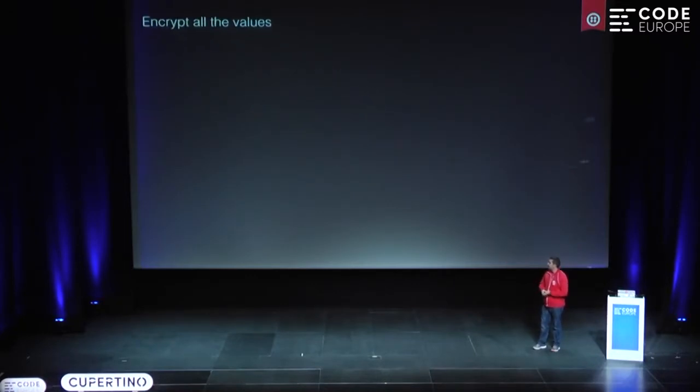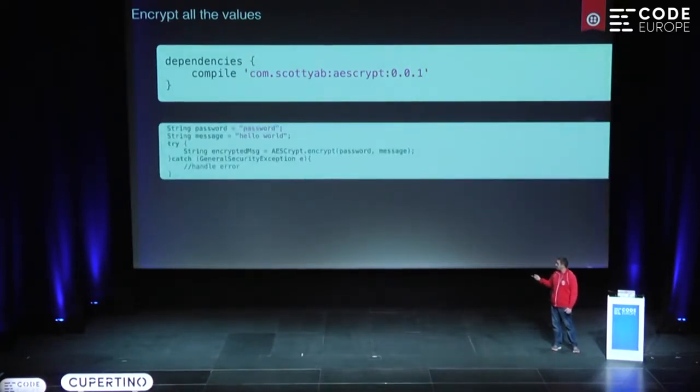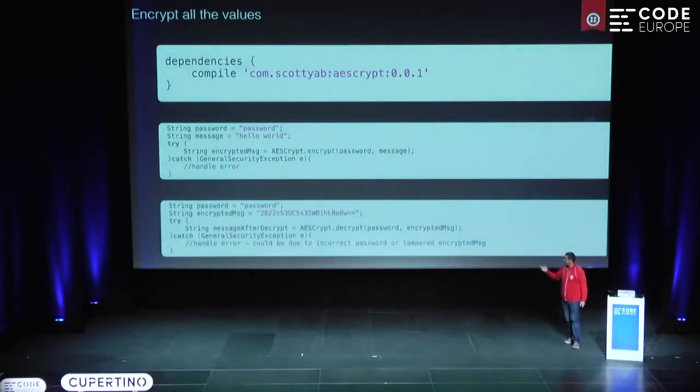Now, there are many, many ways you can do encryption. So I'm going to show you one example here. If you're an Android developer, you will be familiar with this. This is a Gradle dependency. This is a library that you can use to encrypt a value. And there's also a way you can decrypt, which is here.